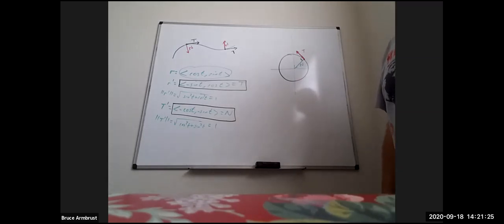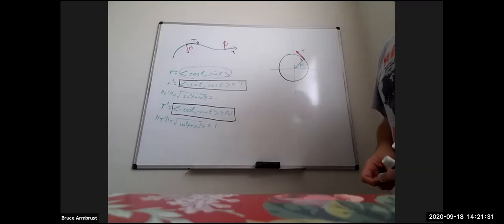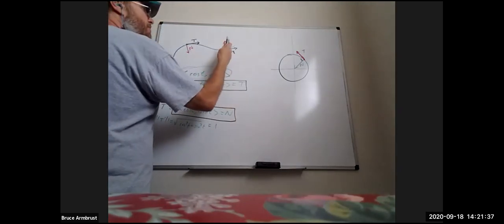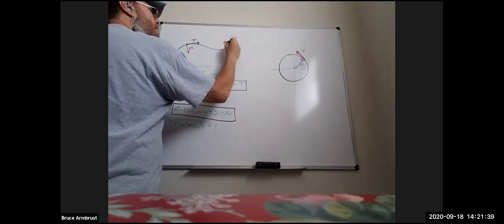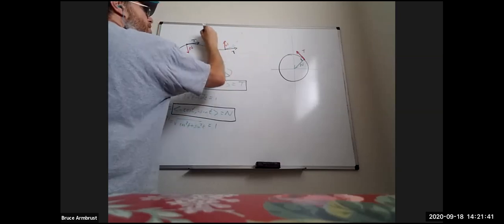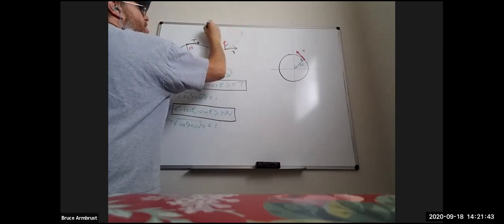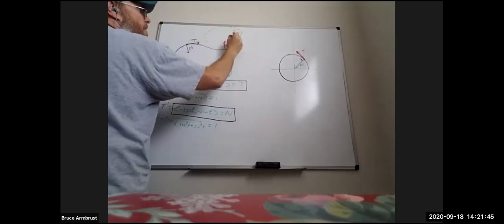Just imagine fitting a circle to the curve. So wherever you are, think of a best fit circle. N is always pointing towards the center of that circle. So think about this second point I just drew, right? There's a best fit circle. Pretend it's a circle.